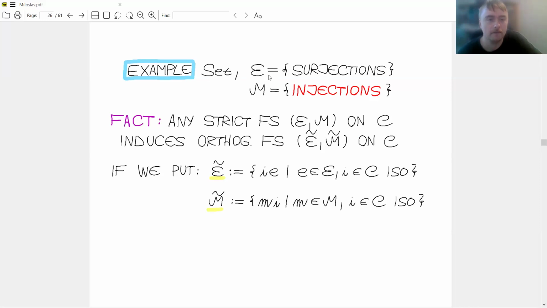In fact, from the previous section, any strict factorization system can be modified and turned into an orthogonal factorization system. We create these two new classes, E tilde and M tilde, as follows: we just add these isomorphisms here. And this is an orthogonal factorization system.